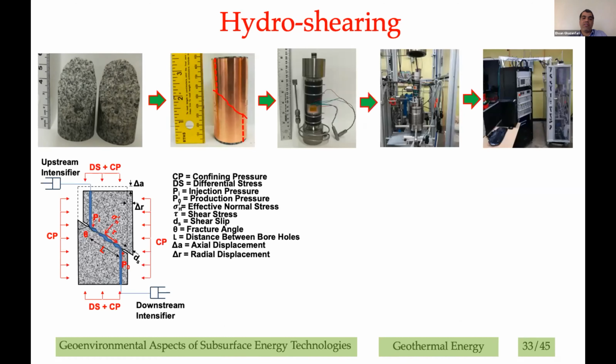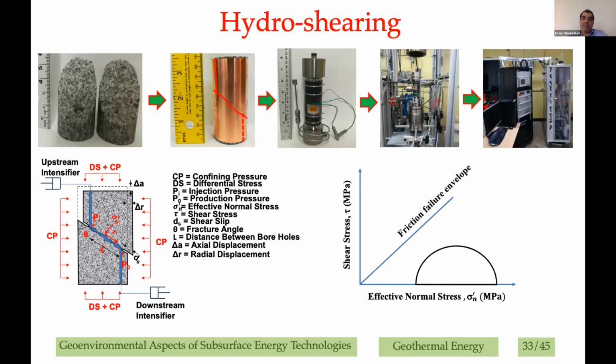So we try to simulate the hydroshearing process involved in EGS in the lab, and study how that process will affect the permeability over time, and also how it impacts the fluid flow, as well as the stability, because one of the major concerns is the seismicity. So the friction of the two blocks will trigger the seismicity if it goes beyond a percentage of the shear strength.